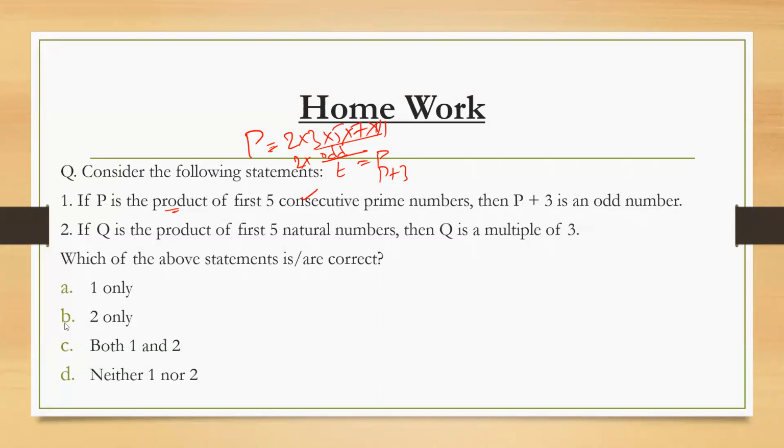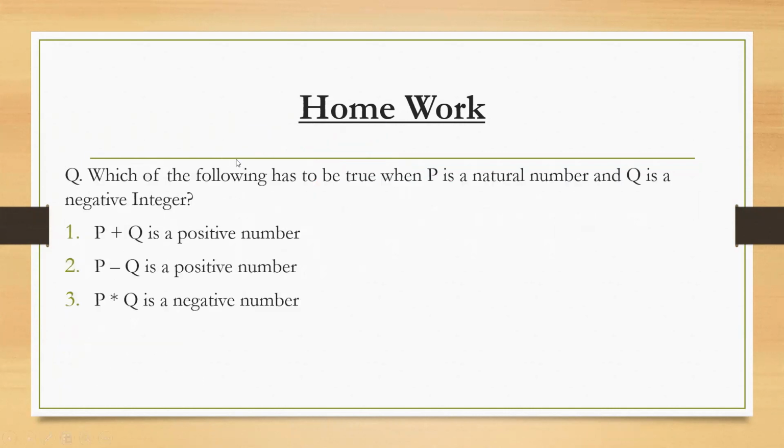Fine. Now we come to the next one. This was also given to you. Here it is said P is a natural number, Q is a negative integer. Now based on it, 3 statements have been given. Which statements do you think are correct?